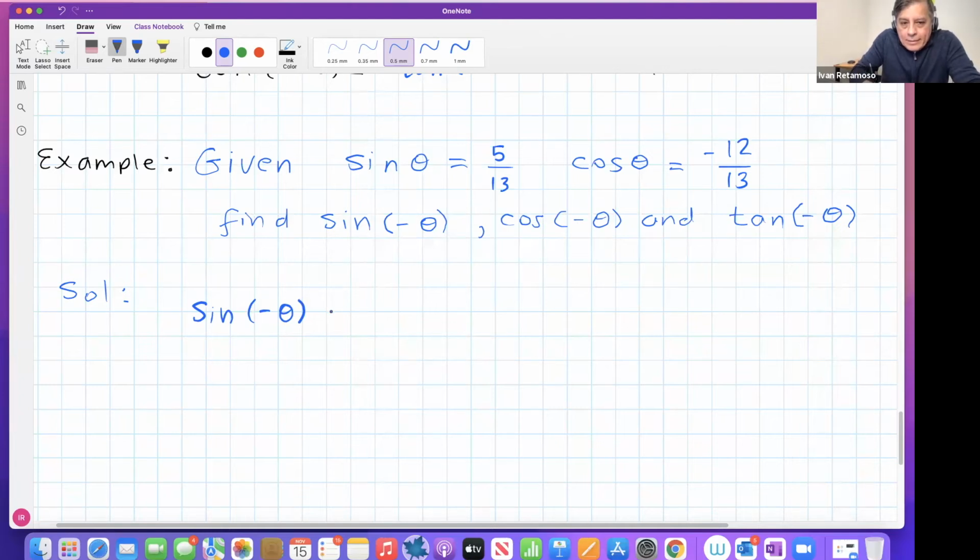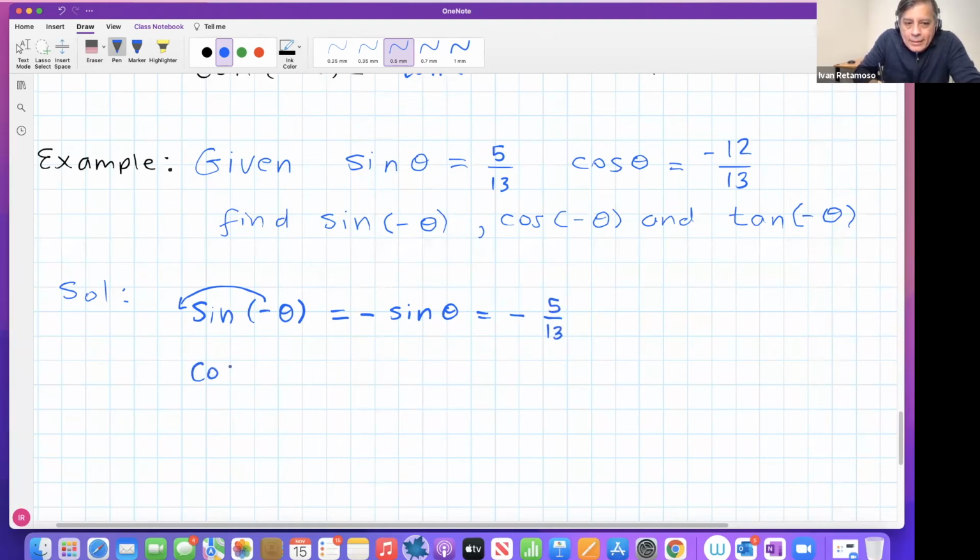They're asking me for this. Well, I have a property that says sine of minus theta is equal to minus sine of theta. But sine of theta is given here, so this will be just equal to minus 5 over 13. Done with this.